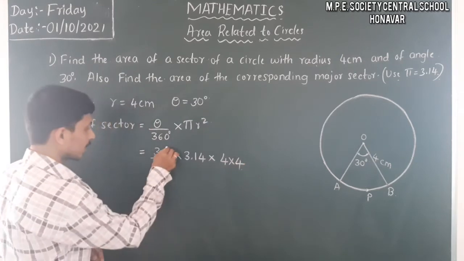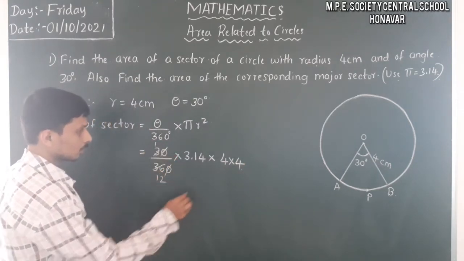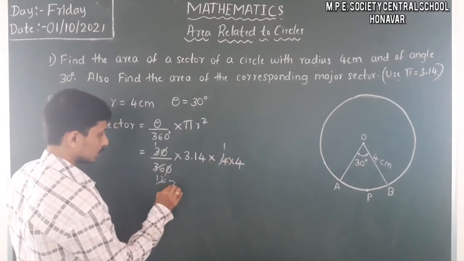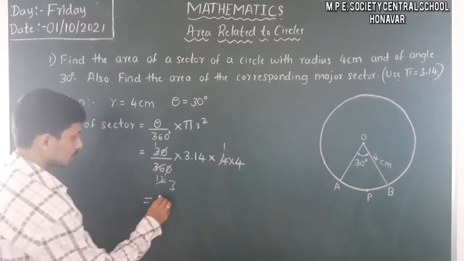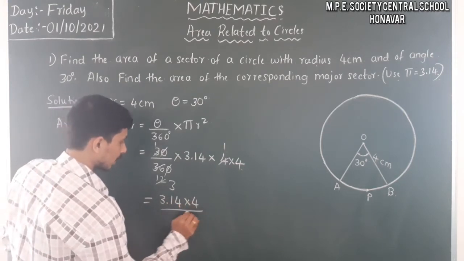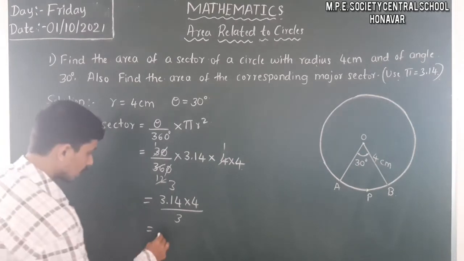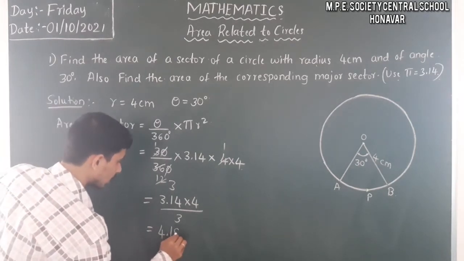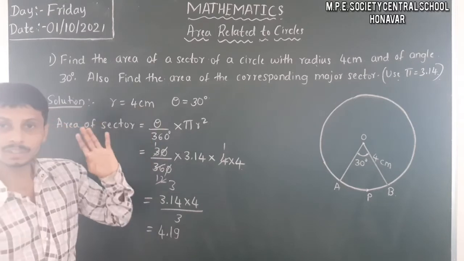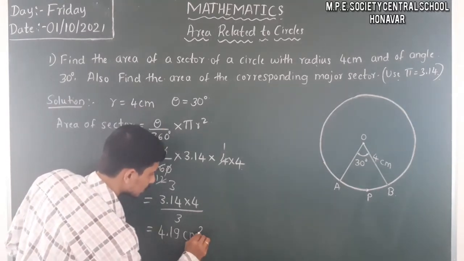Then simplify: the zeros cancel, 3 into 1 and 3 into 12, and 4 into 1 and 4 into 3, giving 3.14 into 4 divided by 3. When you solve it, you get the answer, approximately 4.19. After getting the area, we take the unit as centimeter square.